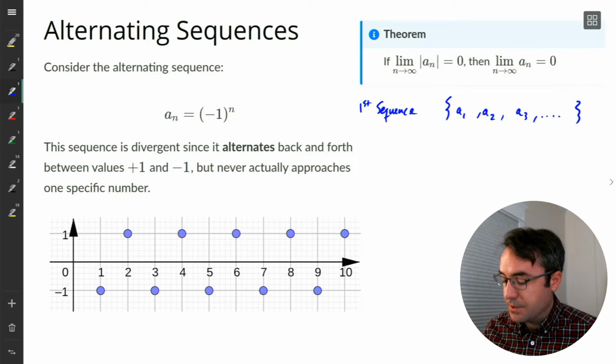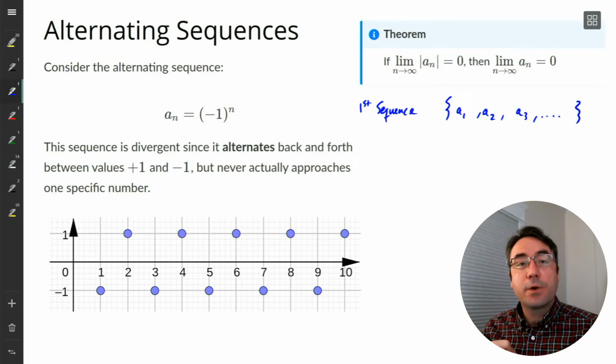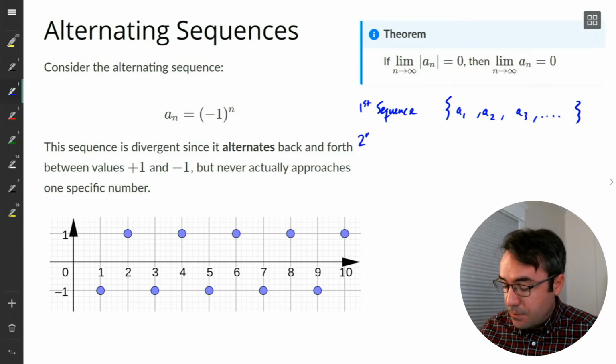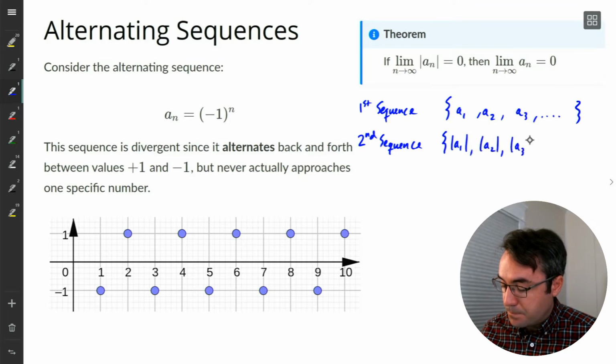And what we're going to do is consider a second sequence. And this is where we essentially take the absolute value of each term. So we form this brand new sequence.